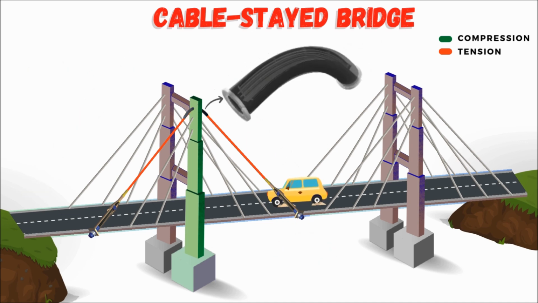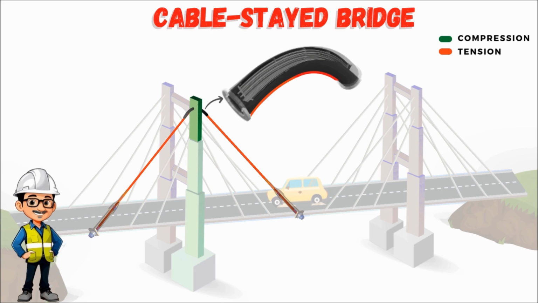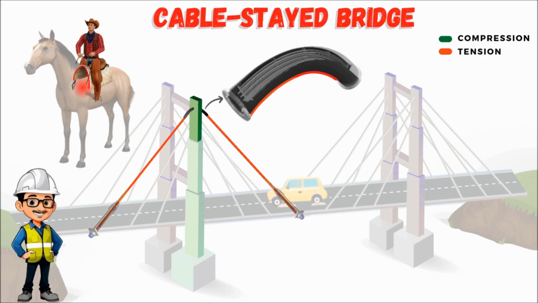This is the saddle, which provides a curved surface for the cable to rest on the tower. A useful real-life analogy for the cable-stayed bridge saddle is the saddle used on a horse. A horse saddle is curved so the rider's weight is spread evenly, which prevents pain or injury to the horse and keeps the rider stable and stops slipping.